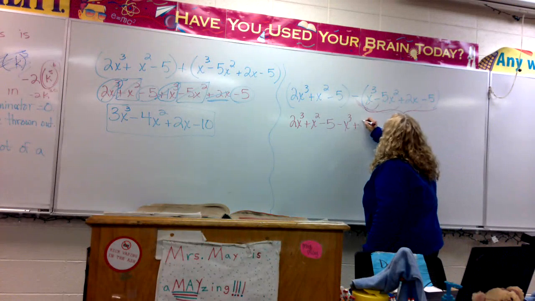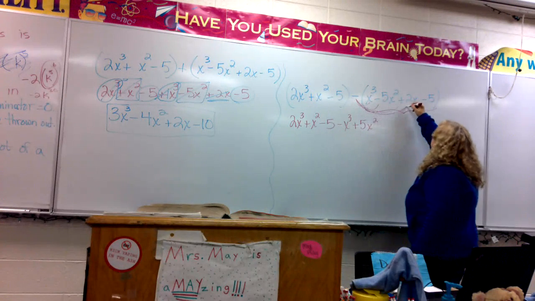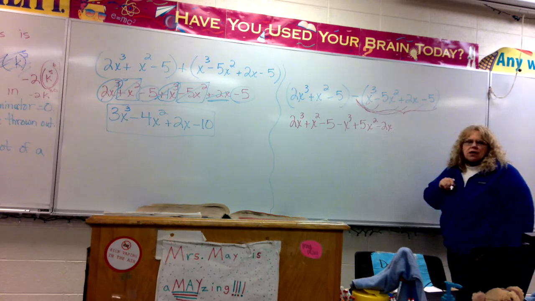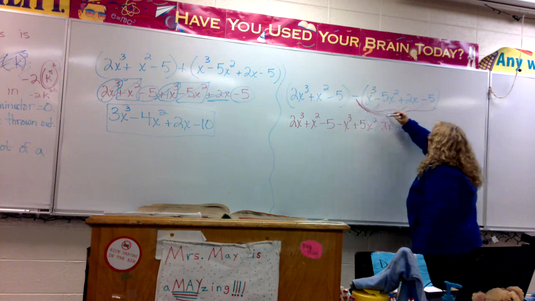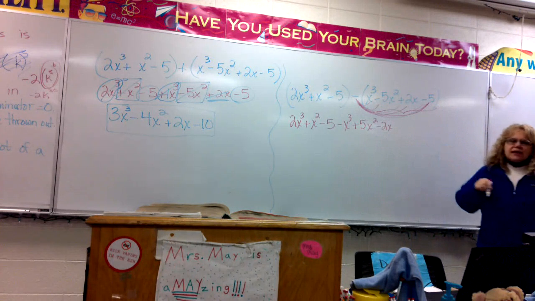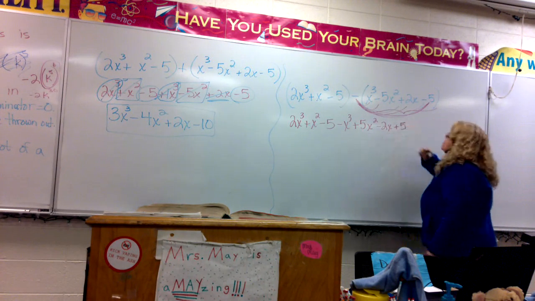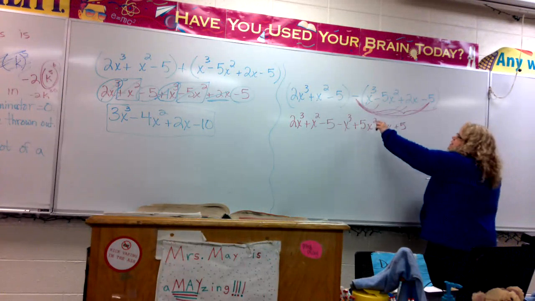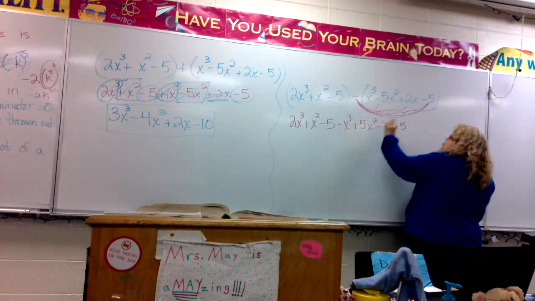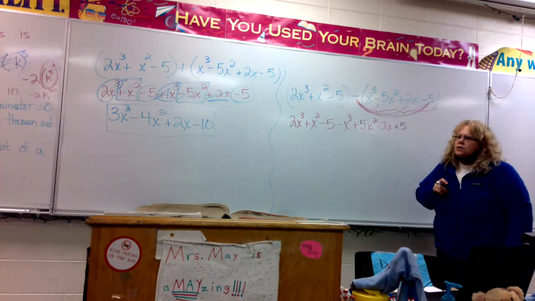So that's like plus 5x squared. Keep going. We're subtracting 2x, minus 2x. And then again, we're subtracting negative 5. What do you get when you subtract a negative 5? Plus 5. And if that's too much to think about, really if it's a minus here, you're just changing the sign, change the sign, change the sign, change the sign, right?